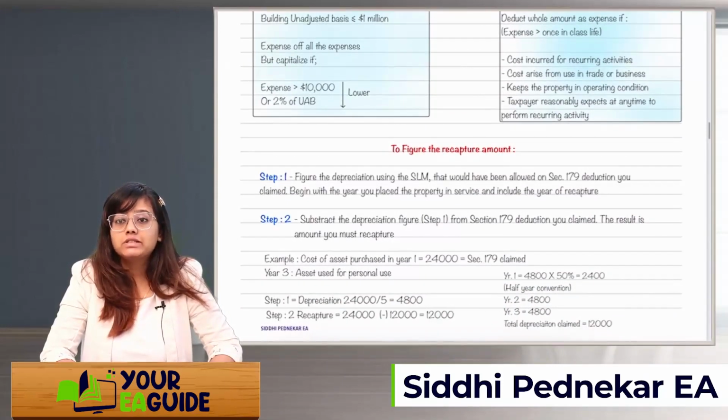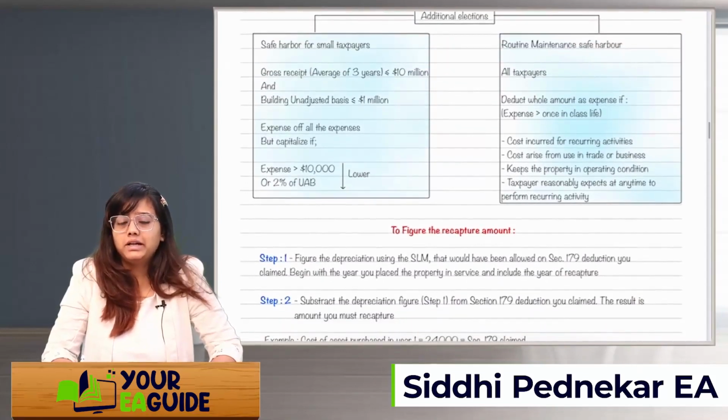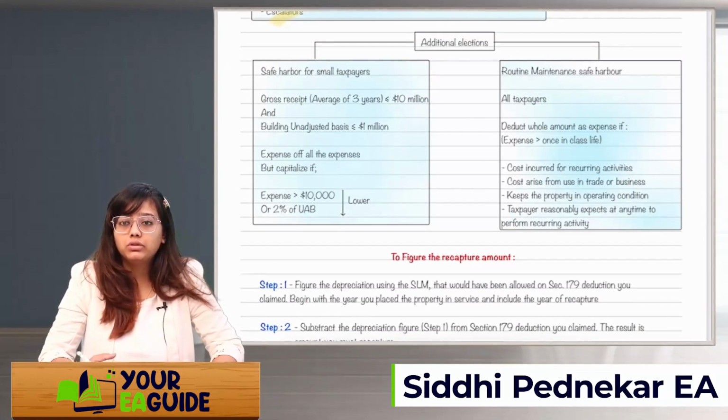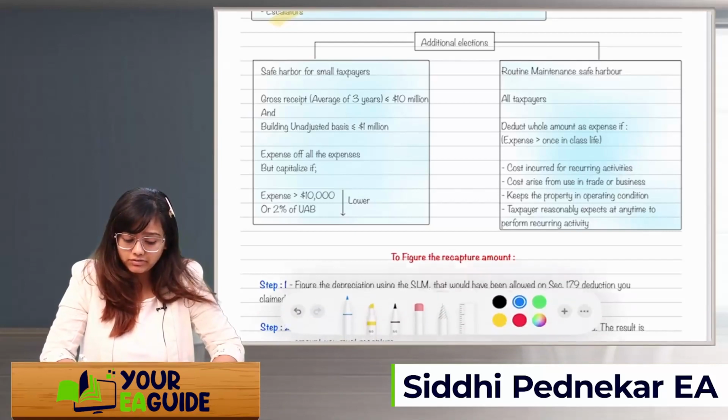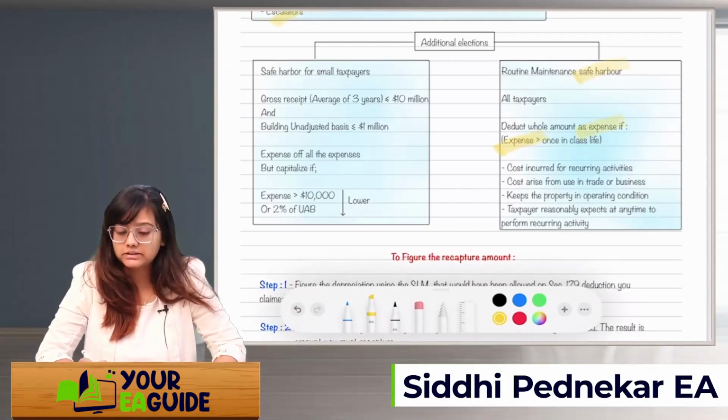The taxpayer reasonably expects to perform the recurring activity at any time, like repairs and maintenance, oiling machineries, just regular maintenance. That will be considered the routine maintenance safe harbor. In the case of a routine maintenance safe harbor, you are always going to expense it off. Okay, deduct the whole as an expense.